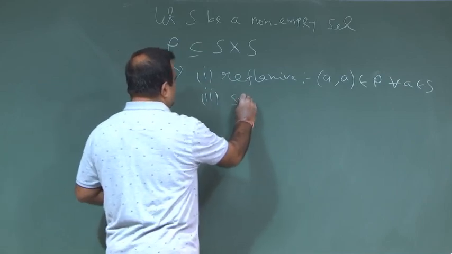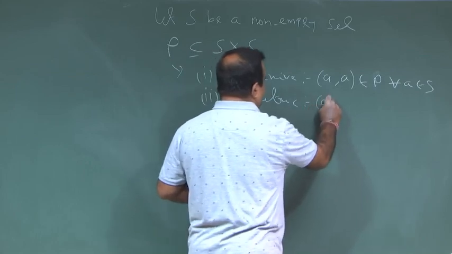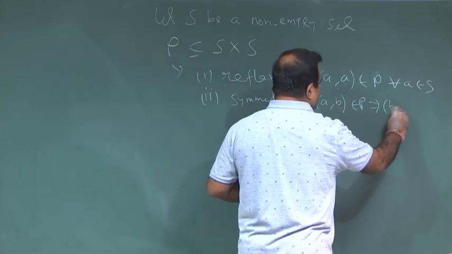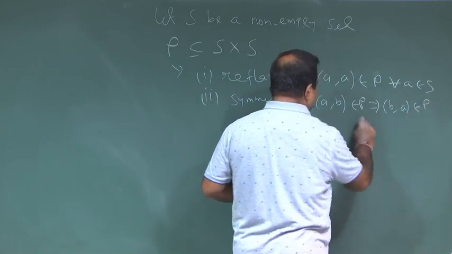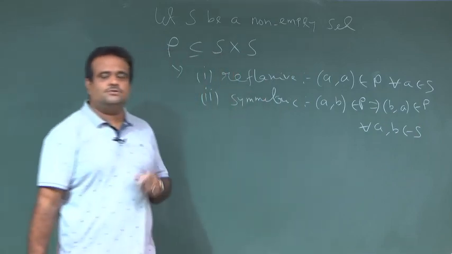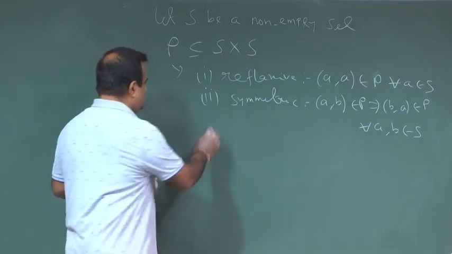Symmetric: that means if (a, b) belongs to rho, then this must imply (b, a) belongs to rho, and this must be true for all a, b. Whenever (a, b) belongs to rho, then (b, a) must belong to rho.